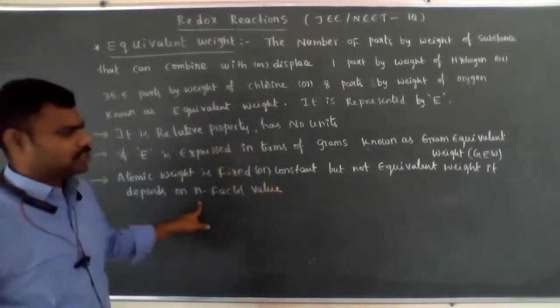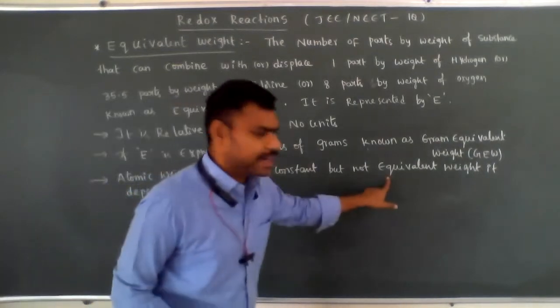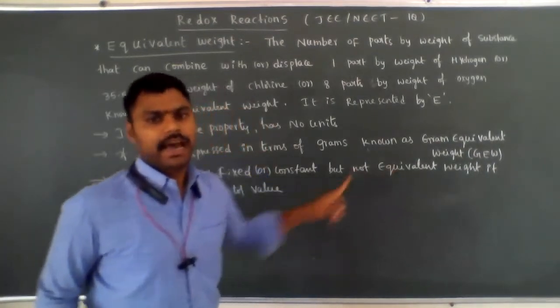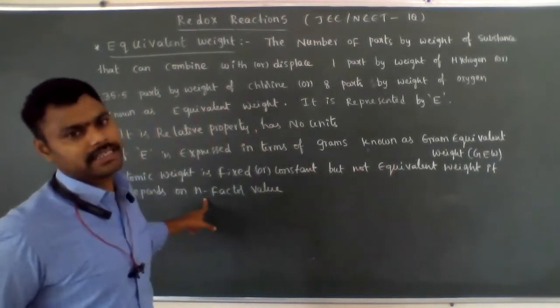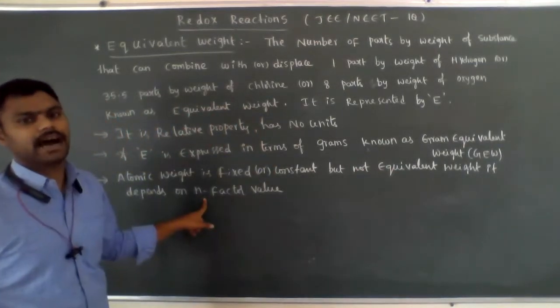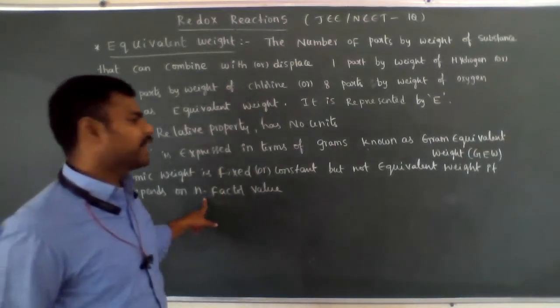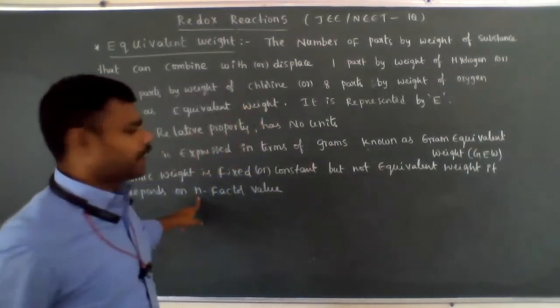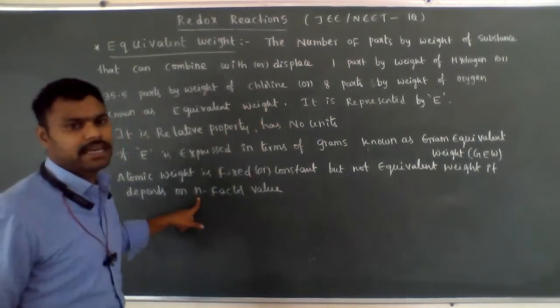If the n factor value is changing in the substance, atoms or molecules, then their equivalent weights will change. That's why equivalent weight depends on the n factor. But atomic weight or molecular weight is fixed. It does not change. But the equivalent weight depends on their n factor values. If the n factor value changes, then the equivalent weight will change.